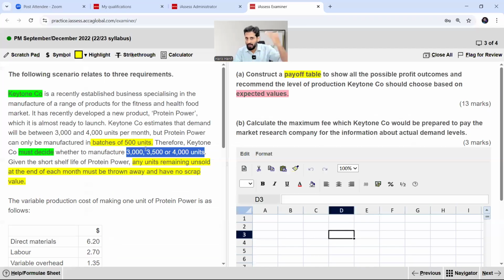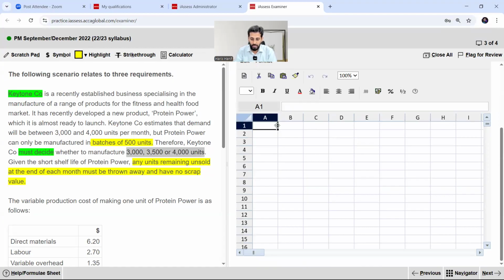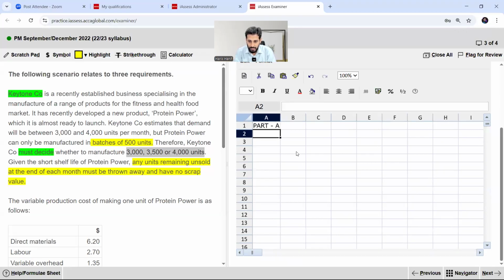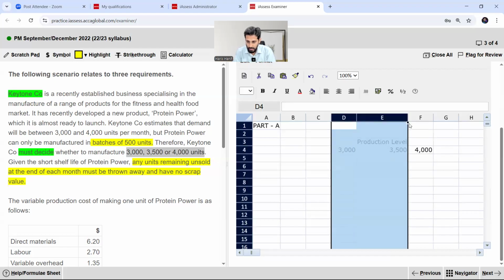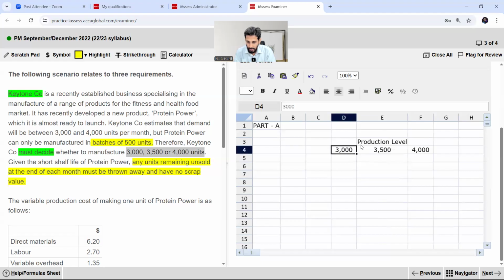Before reading ahead, I'm going forward with this particular thing, part A. I am giving the heading over here, part A. And here we can write production level, right? This is my production level: 3,000 units, 3,500 units, 4,000 units.